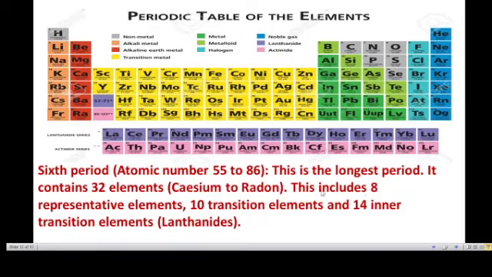This includes 8 representative elements, 10 transition elements and 14 inner transition elements. So 2, 4, 6, 8, 10, 12 and 14.